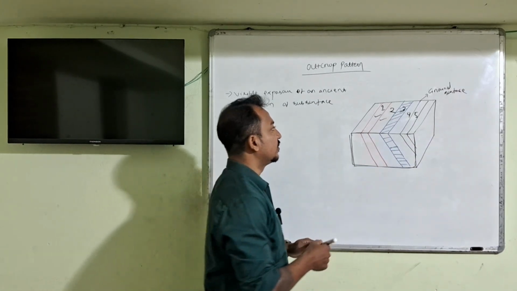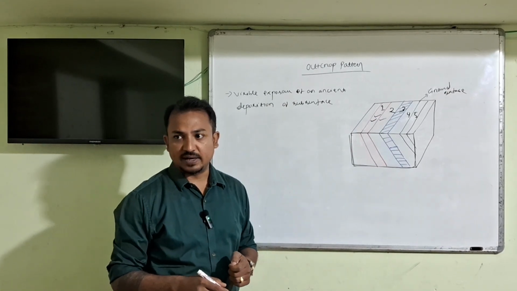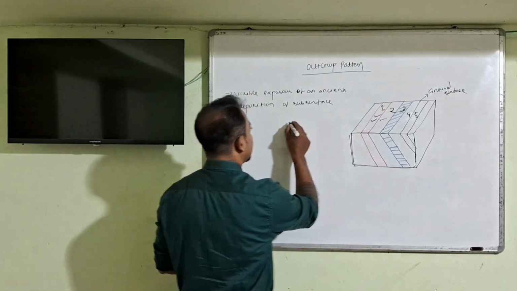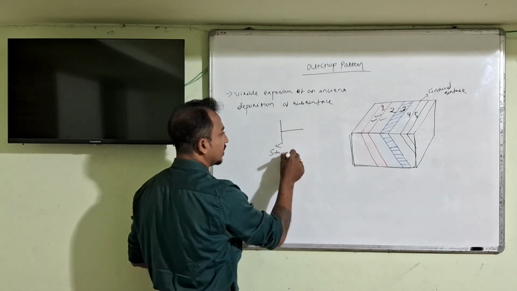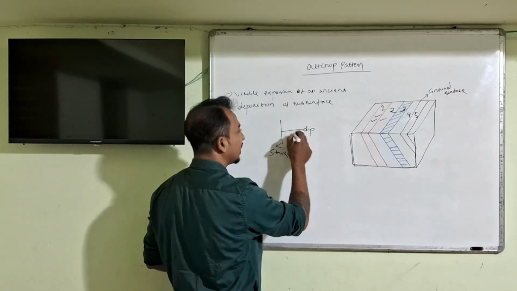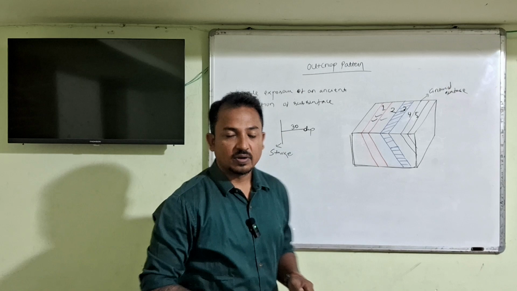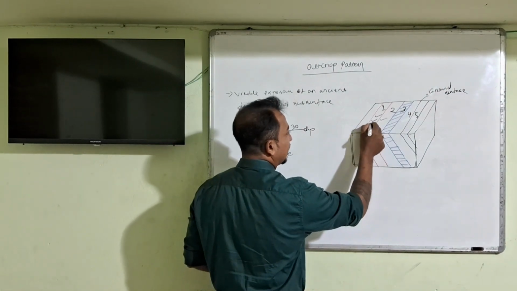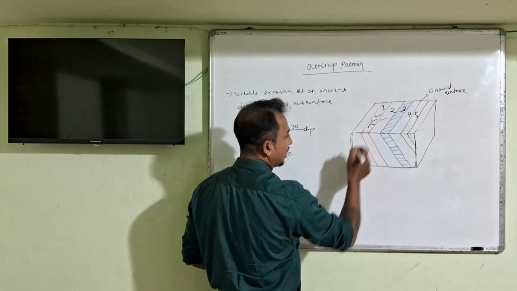And from this exposure, you can measure the dip and strike of the bed. So we use this symbol. This is your strike. This is dip. All are directions: strike direction, dip direction, and if you write something here, it will be the dip amount. Suppose I say this bed has this strike, and this is your dip.